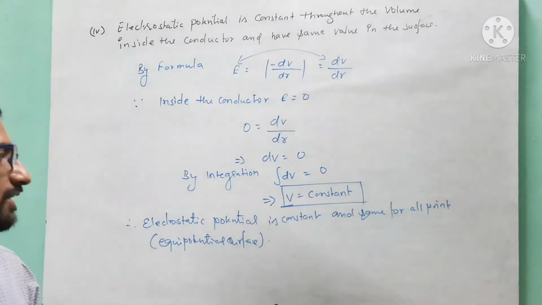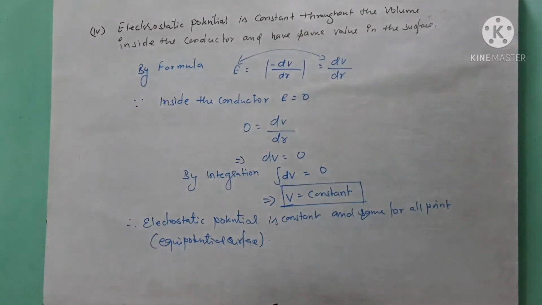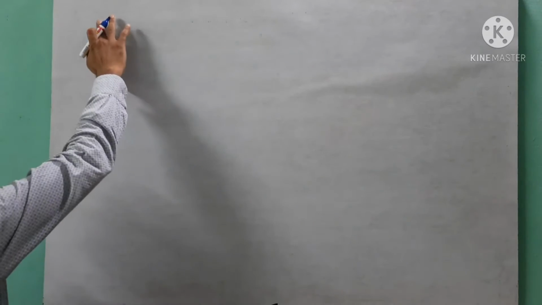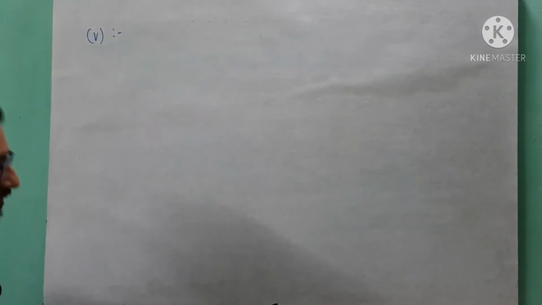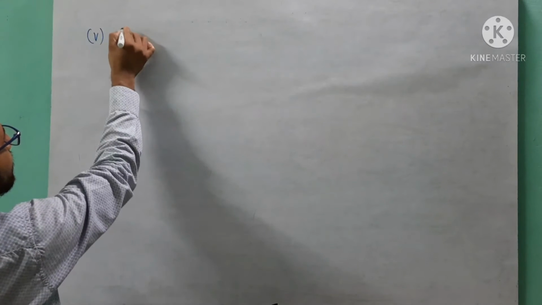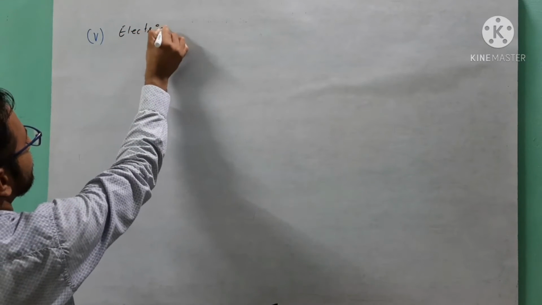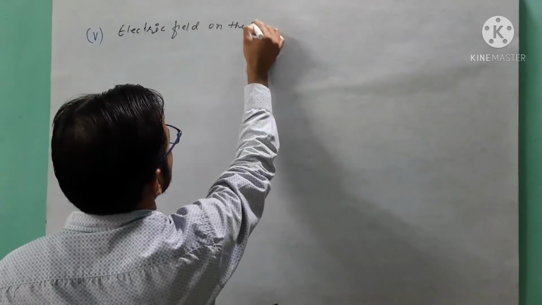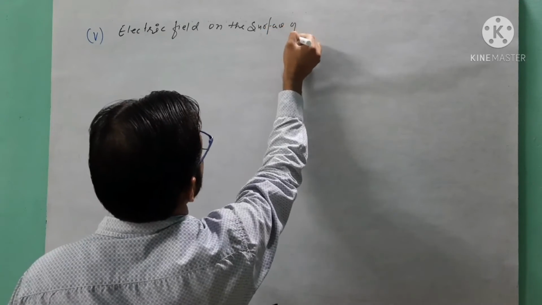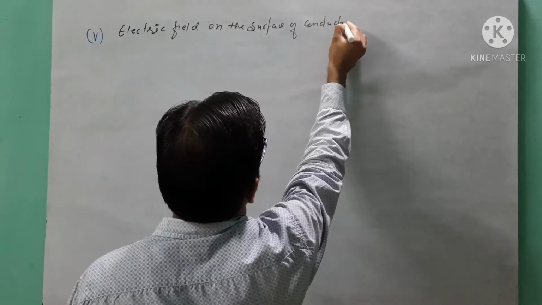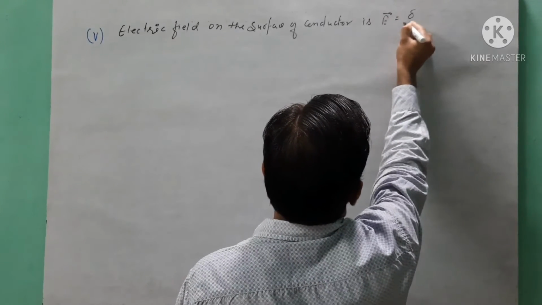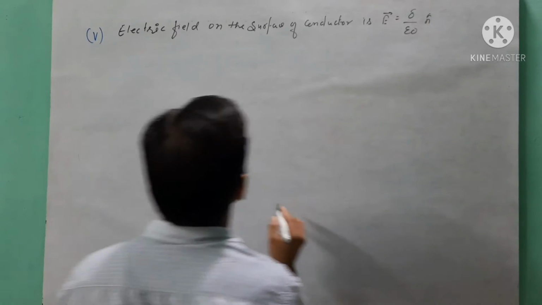Got it? So after that we will talk about the next, fifth case, case number 5, in which we will talk about the electric field at the surface. So I am writing here: electric field on the surface of a conductor is E vector equals sigma over epsilon naught times n cap.